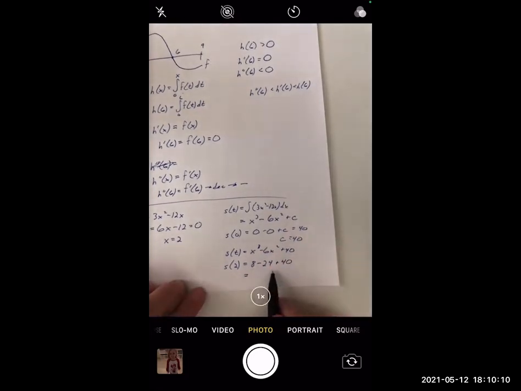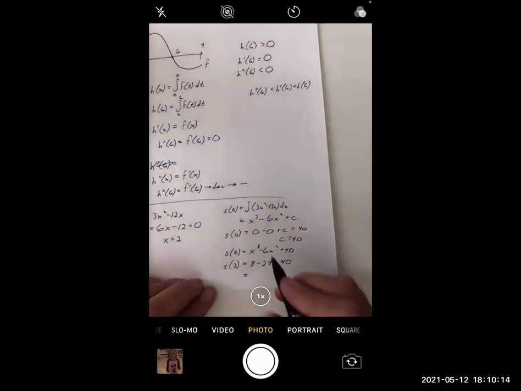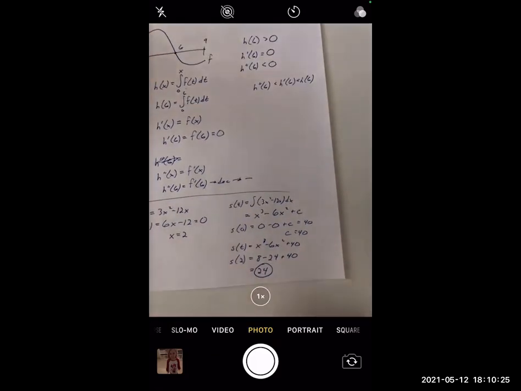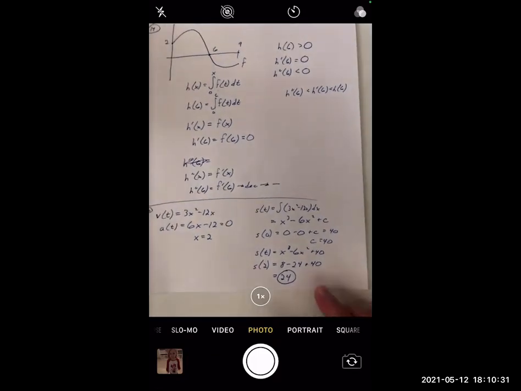So 8 minus 24 plus 40 will give you 24. I think the T tripped me up.